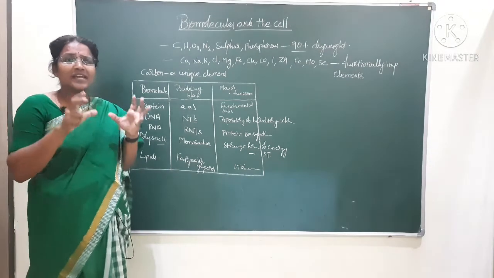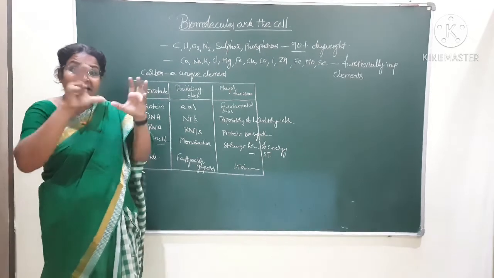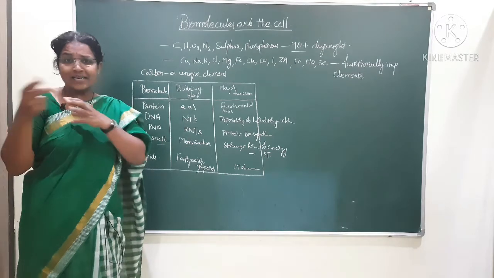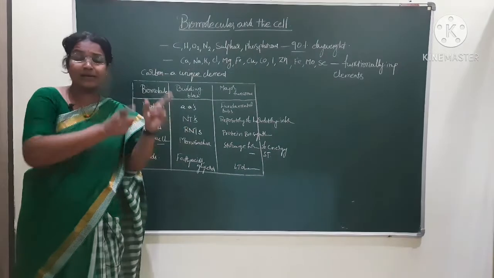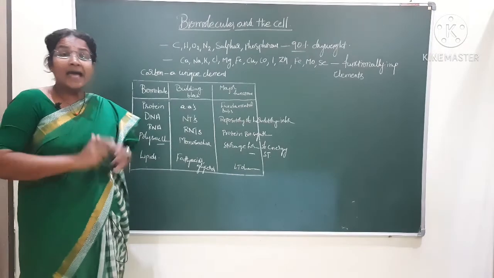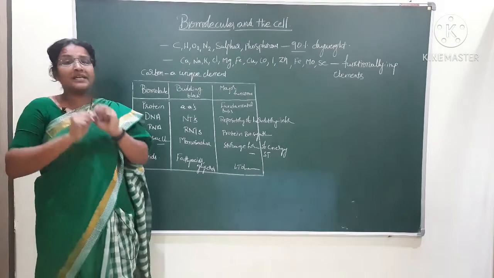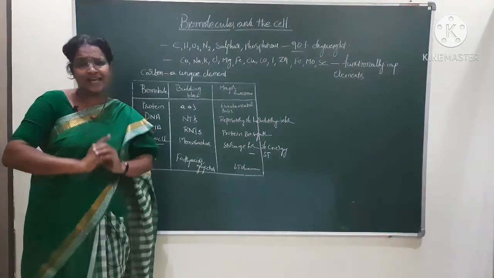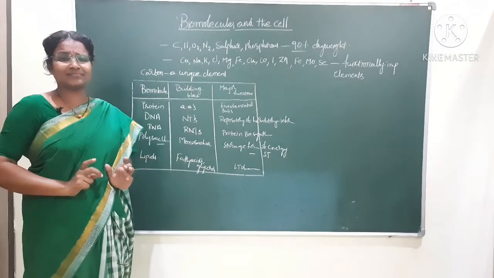Hence it is a unique element in nature. If there is no carbon, no element is there. Other elements may or may not be present, but carbon must be present in the biomolecule. Hence it is called a unique element and it has different characteristic features. I am giving only one characteristic feature, that is the covalent bond.